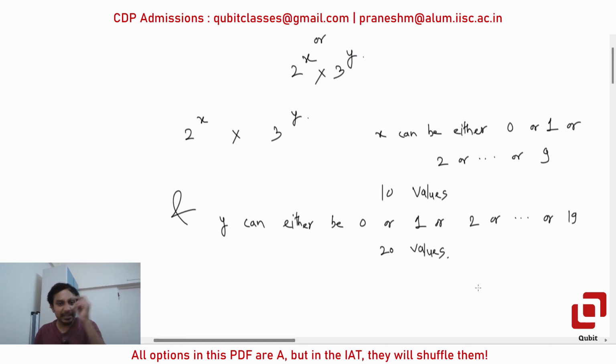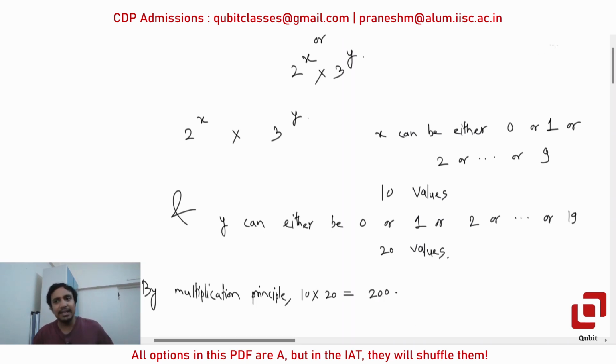So 10 values of x, 20 values of y. x can have any one of those 10 values, y can have any one of those 20 values. So by the multiplication principle of counting, the total number would be 10 into 20 equal to 200.